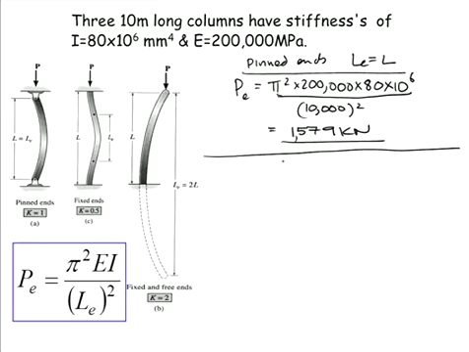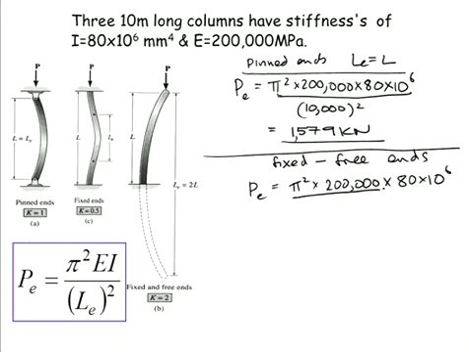Now I'm going to look at what I call the fixed free ends. With a fixed free end, the only thing that changes now is the fact that my buckle length now is 20 metres.